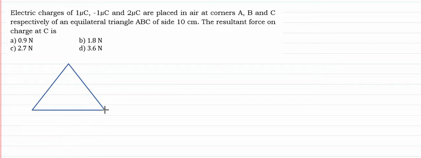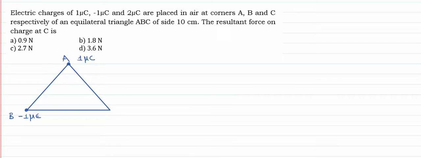This point I will take as A, with 1 microcoulomb. This vertex I will take as B, with minus 1 microcoulomb. The third vertex is C, and here it is 2 microcoulomb.